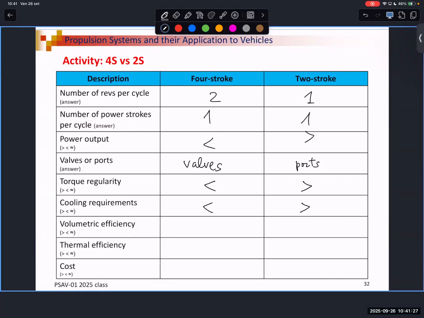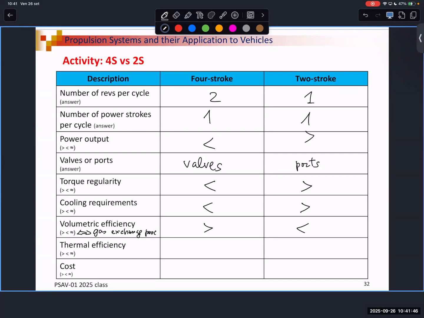Volumetric efficiency is related to the quantity of air that we can have inside the cylinder, and so it is related to the gas exchange process. 4 stroke is higher.